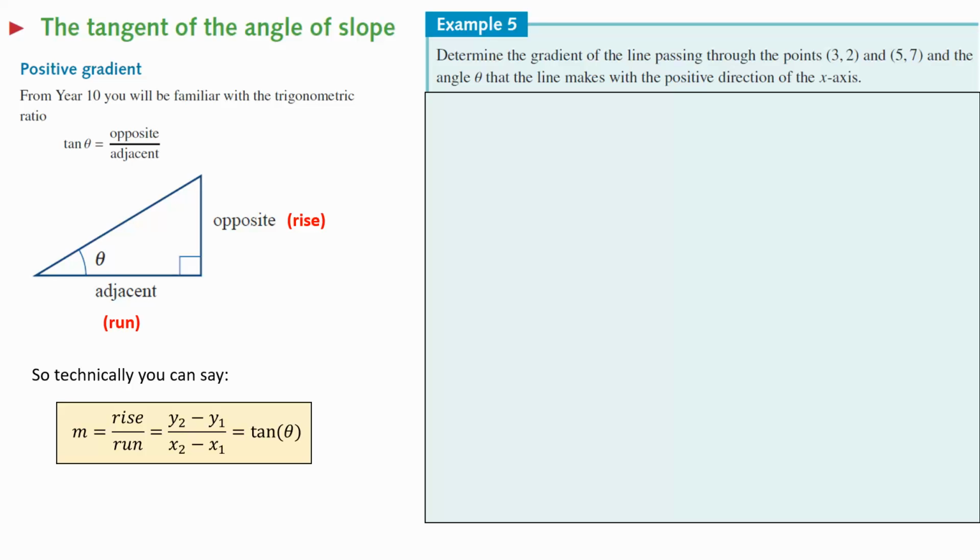Determine the gradient of the line passing through the points (3, 2) and (5, 7), and the angle that the line makes with the positive direction of the x-axis. I know it's quite a mouthful, but all they're really trying to say is this. If you had a graph with the points (3, 2) and (5, 7), they're just saying, find the angle that this line makes with the positive direction of the x-axis.